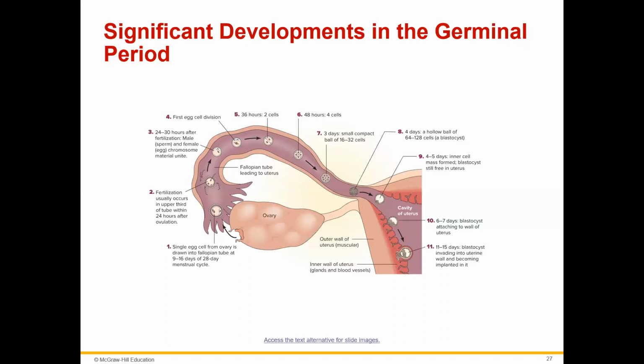You can see that by the end of this 2 week period, at the 11 to 15 day mark, number 11 there, the blastocyst has become implanted into the uterine wall. Okay, and this is the first period. It involves conception, the cell splitting many times, eventually becoming a blastocyst, and implanting in the uterine wall.